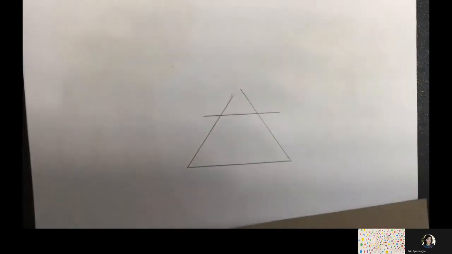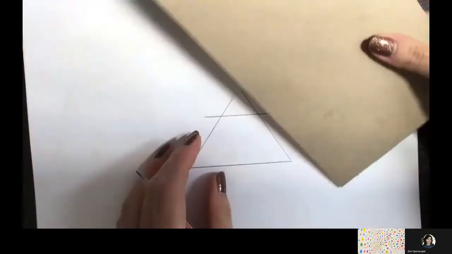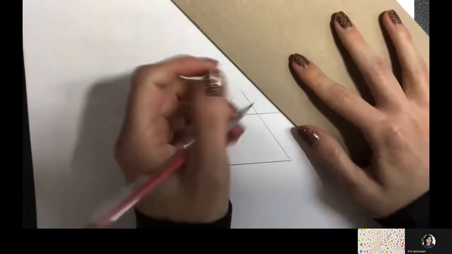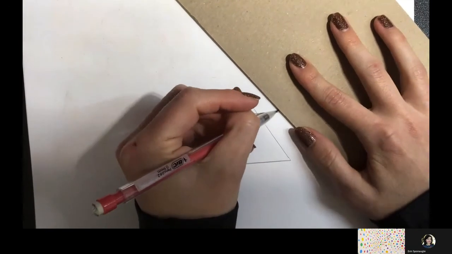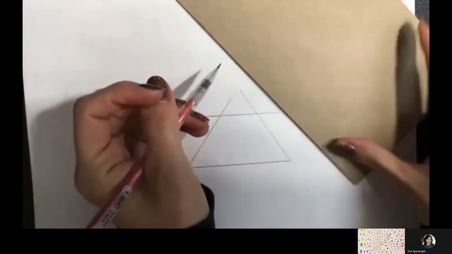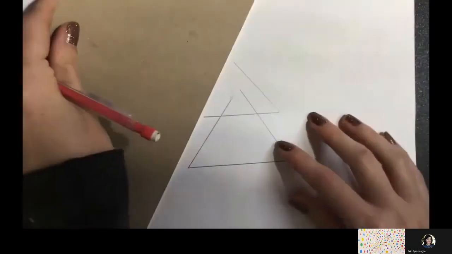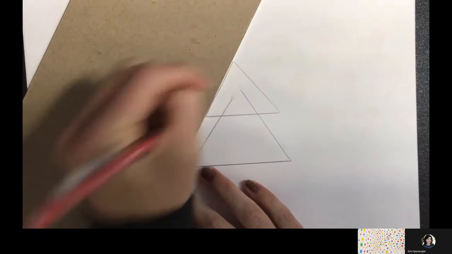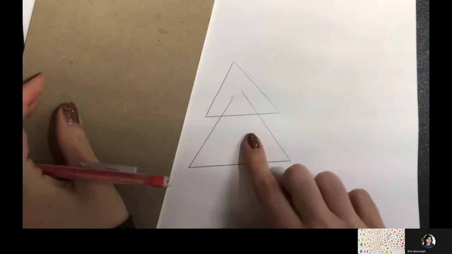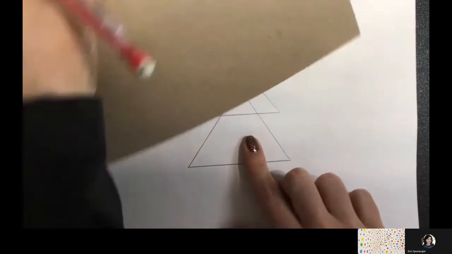Okay, so I'm going to draw a line there. And then don't worry if it's not perfect because I have yet to see a perfect tree. They all look different. I'm going to draw this triangle, connect it, and you can see how it overlaps just a little bit.